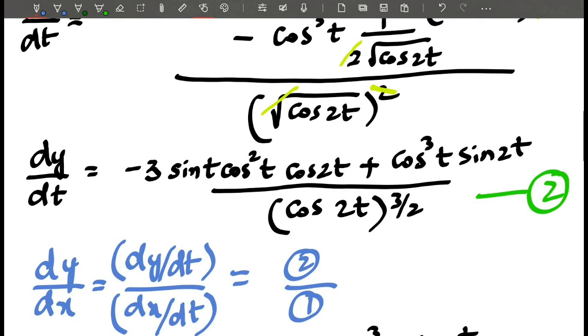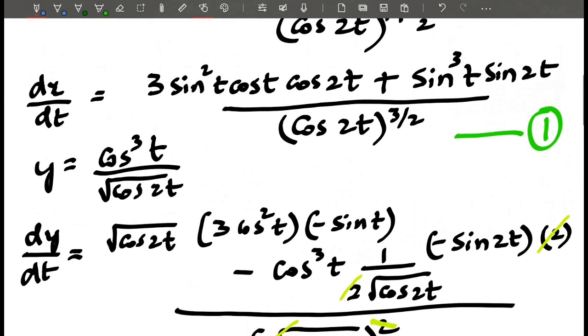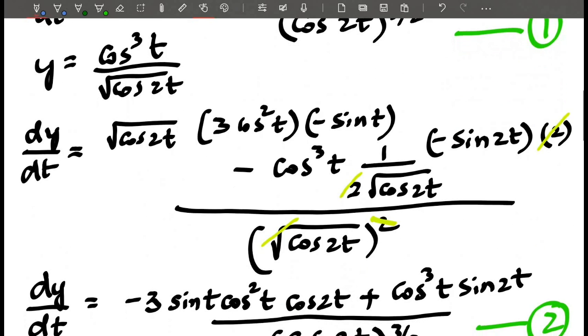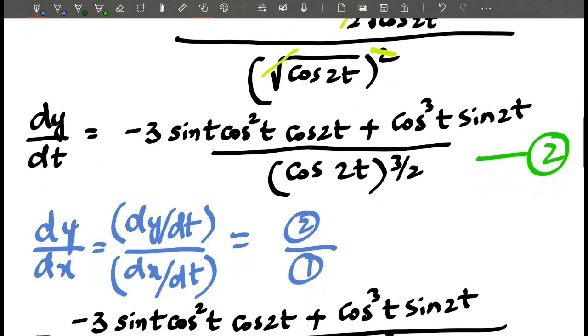Now let us mark this as equation 2 and the earlier dx by dt as equation 1. When you want dy by dx, it is dy by dt divided by dx by dt, which is equation 2 divided by equation 1.